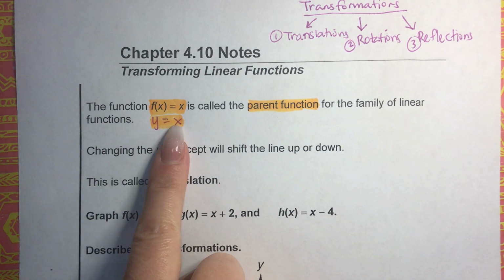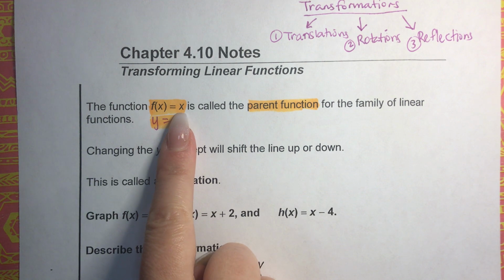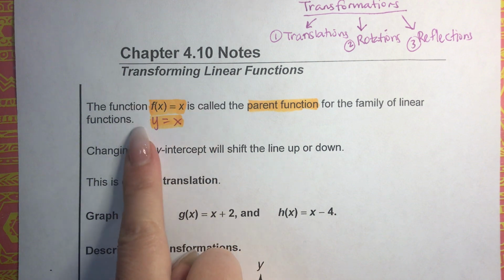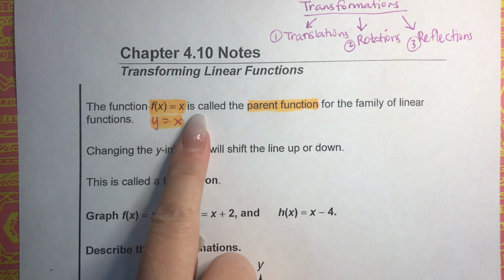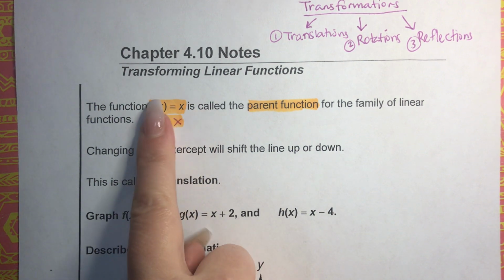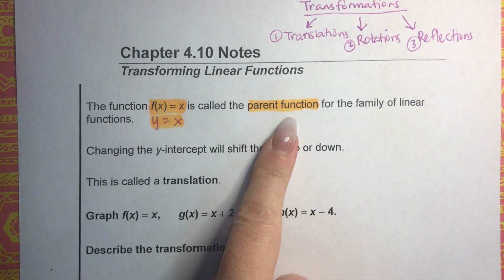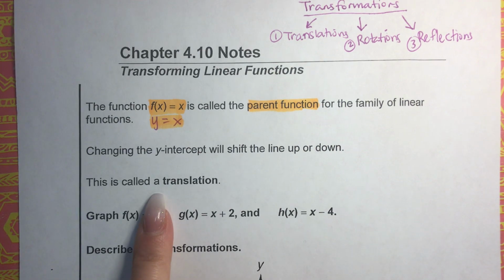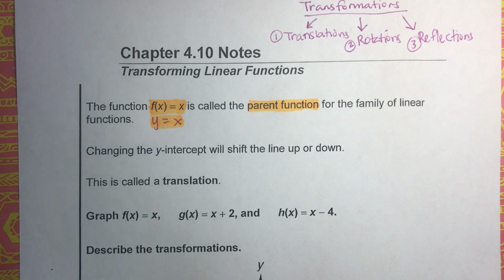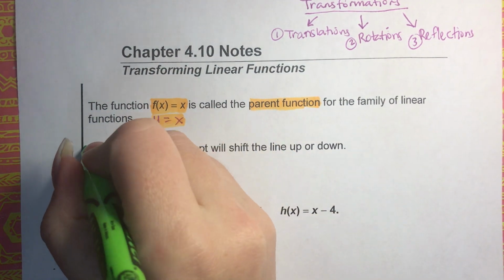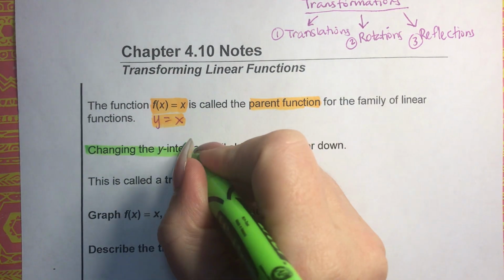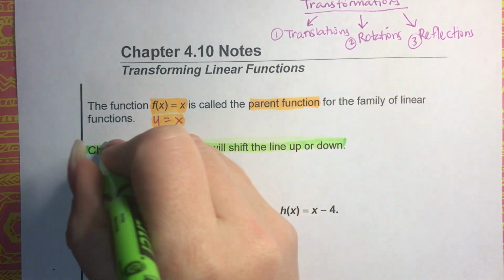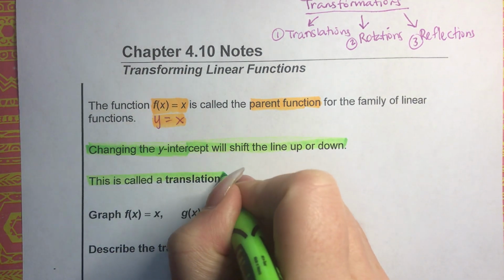And basically, it's just the most basic, simple function there is. This is a line, right? It's so simple because what's the slope? The slope is 1. What's the y-intercept? It's 0. So this is just the most basic linear function equation that there is, and that's why they call it a parent function. Okay? So when we are talking about translating, we are going to be changing the y-intercept, which will shift it up or down, and that's called a translation.